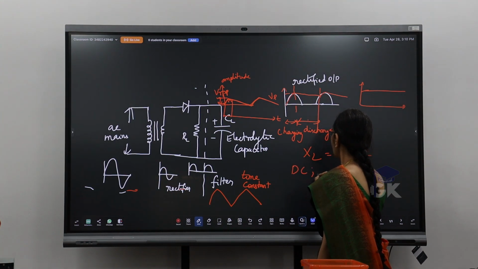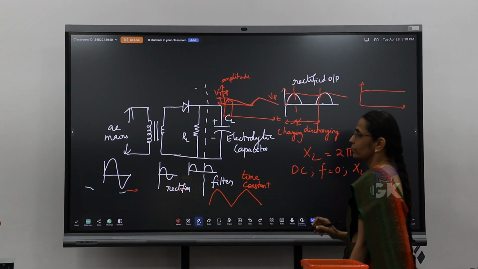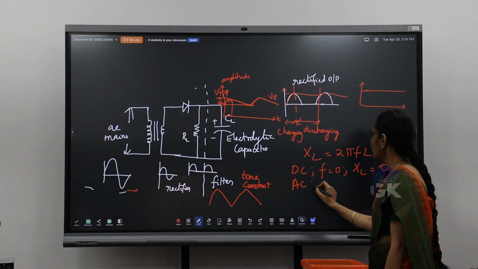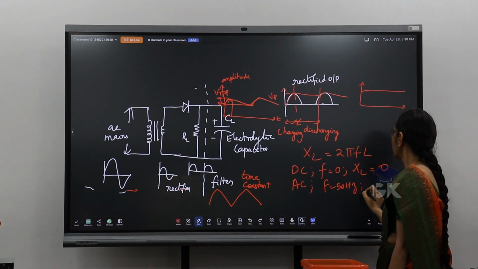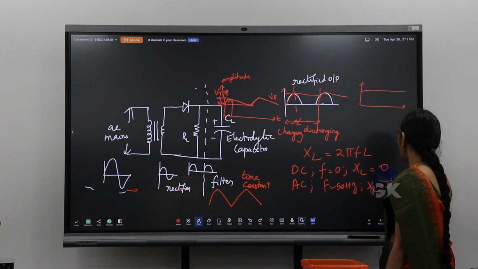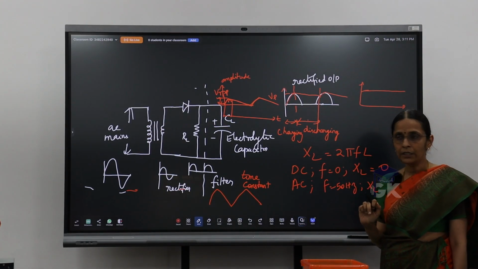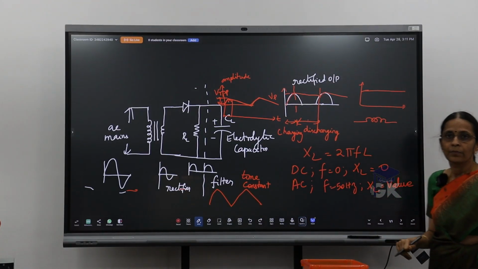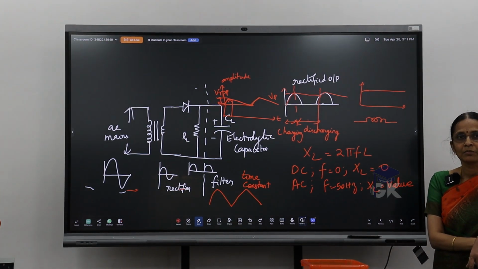So for DC, my frequency is 0. So what will be XL? 0. And for AC, my frequency is 50 Hertz. So XL, if I substitute, I'll have some appreciable value for it. Now, as the reactance of the inductor is 0 for DC, what will happen if at all I connect an inductor? What will it do? The reactance is 0. So, what it should do?